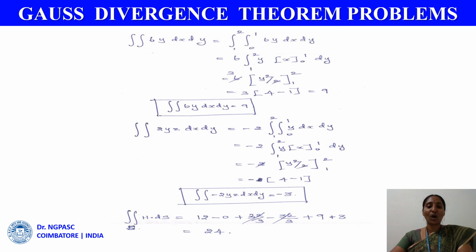Substituting all these values, 12 minus 0 plus 32 by 3 minus 32 by 3 plus 9 minus 3 is equal to 24. So it shows that LHS is equal to RHS, and this problem verifies the Gauss divergence theorem.